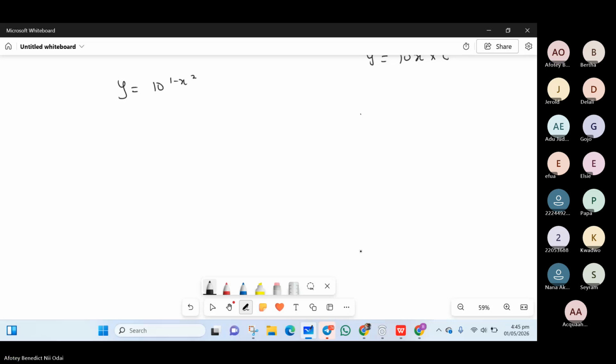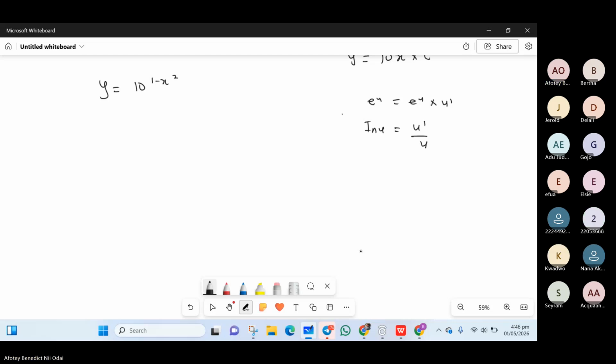So let's forget about this for now. In the first place, we've seen the differential of e to the u, which we said is e to the u times u prime. And there's one more we have to note, which is the natural log of u, which is u prime on u.